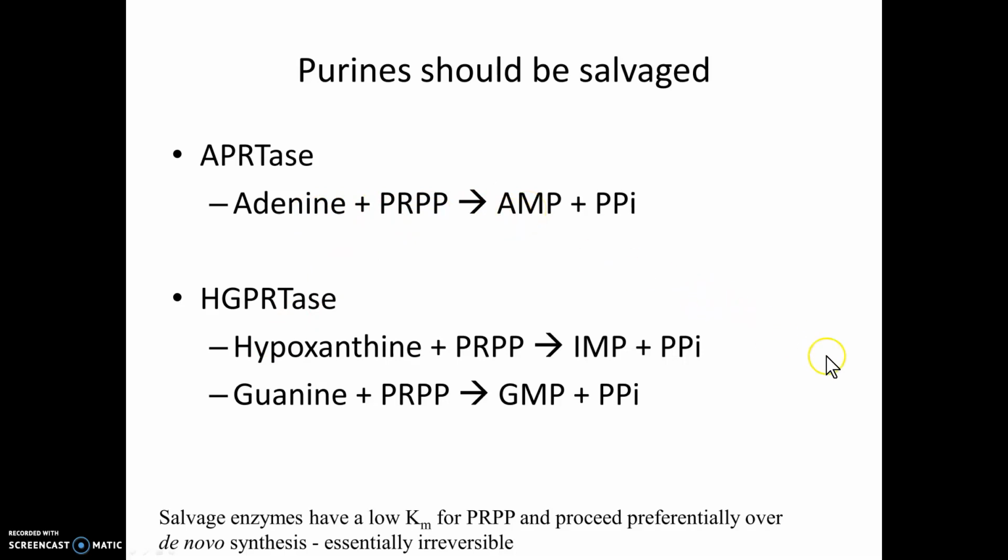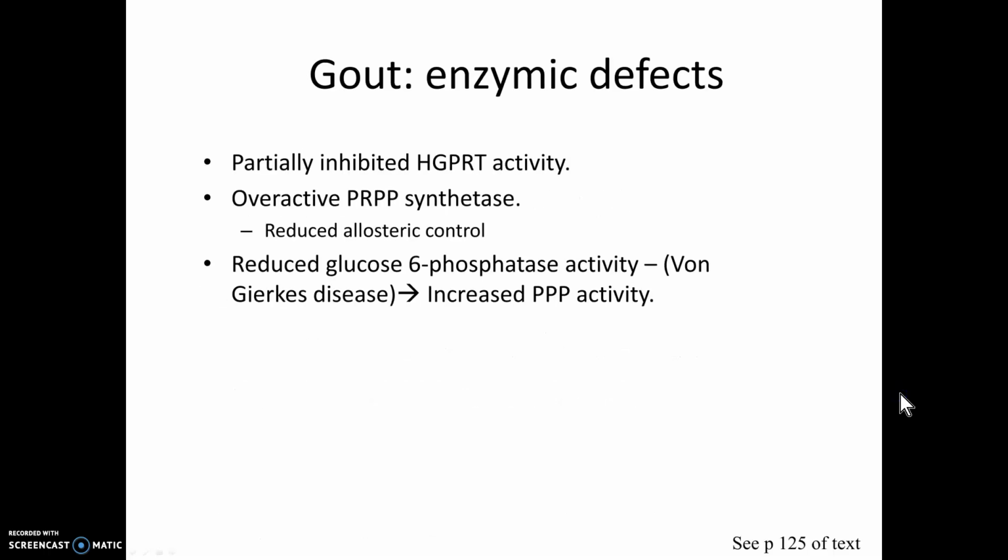And these purine salvage pathways are preferred, making new nucleotides for DNA and RNA synthesis. Remember, if the hypoxanthine guanine phosphoribosyltransferase is defective, we don't salvage these nitrogenous bases and they're converted to uric acid, a problem. If PRPP synthetase is overactive or it's not controlled, overproduction of uric acid, a problem.